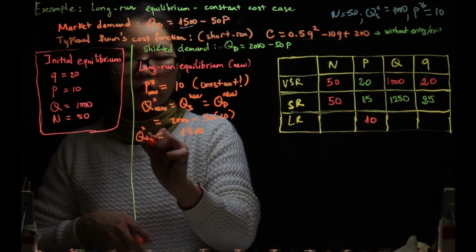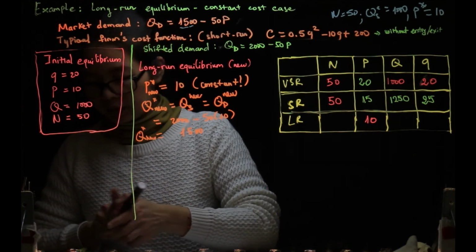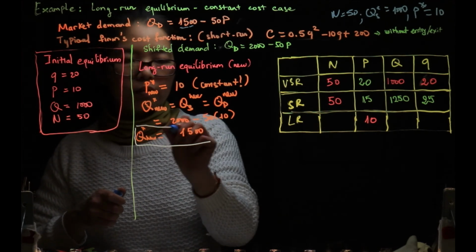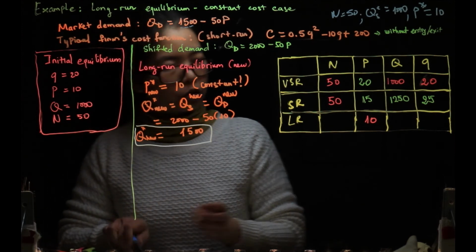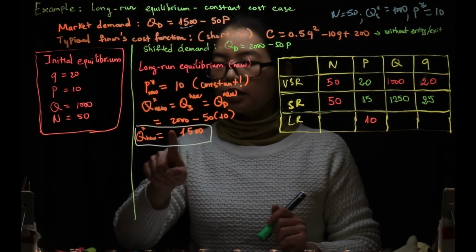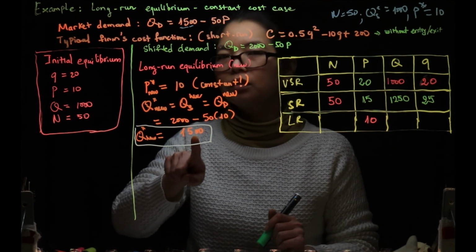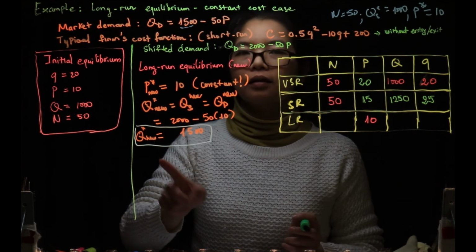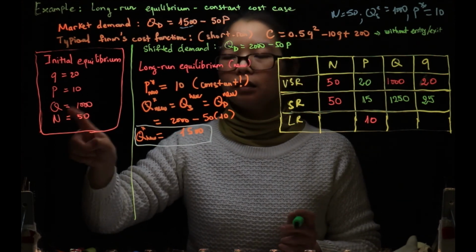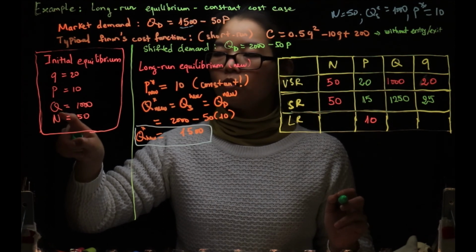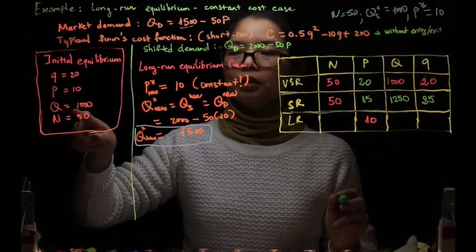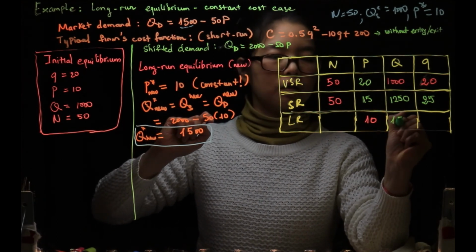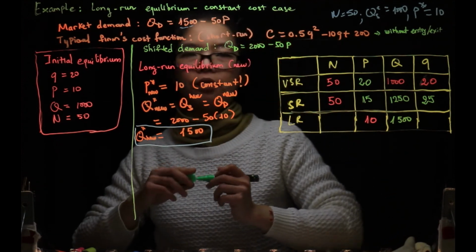This is Q star new. Let's frame it. So we could fill in here, because now Q star is 1500. What we know theoretically is it will be higher than the Q star before, right? That is true because Q star in the old equilibrium is 1000. So that changed. We have 1500.